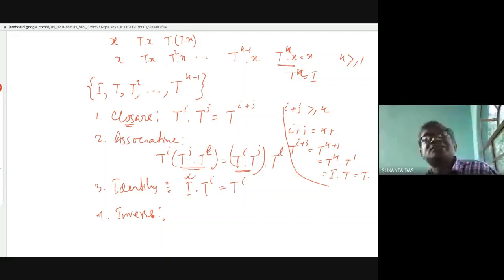Since each one is non-singular, each element of the set has an inverse. So the inverse exists, right?